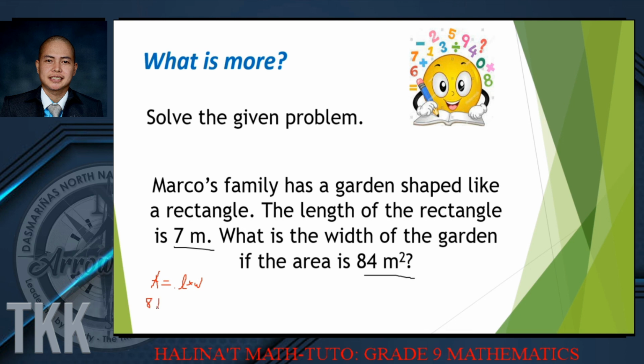So the area is 84 and the length is 7. We have unknown W. So 84 divided by 7, we have 12. Right? The width will become 12 meters. Okay? So check nyo ulit. 12 times 7, we got 84 meter square.